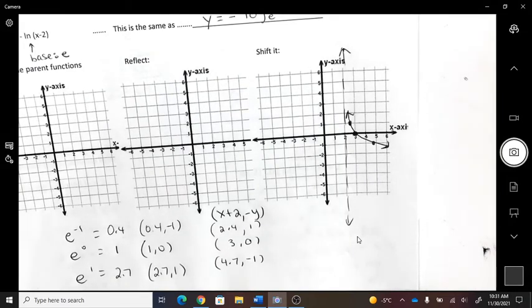Have you noticed that when you did exponentials, the asymptote only shifted if you had an up or down shift? And then these asymptotes only change if you have a left or right shift.